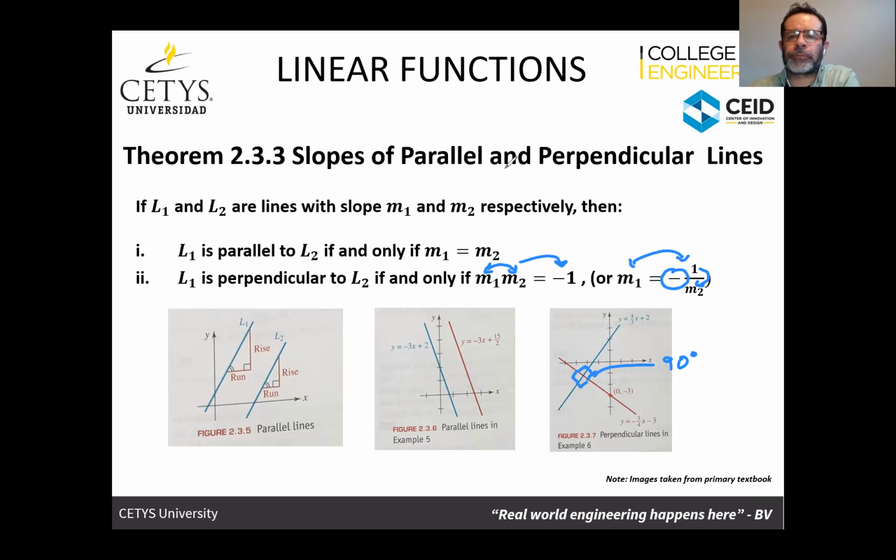Okay, so if M1 equals 5 and M2 equals 5, these are parallel. If M1 equals 5 and M2 equals -1 divided by 5, then these two are perpendicular.